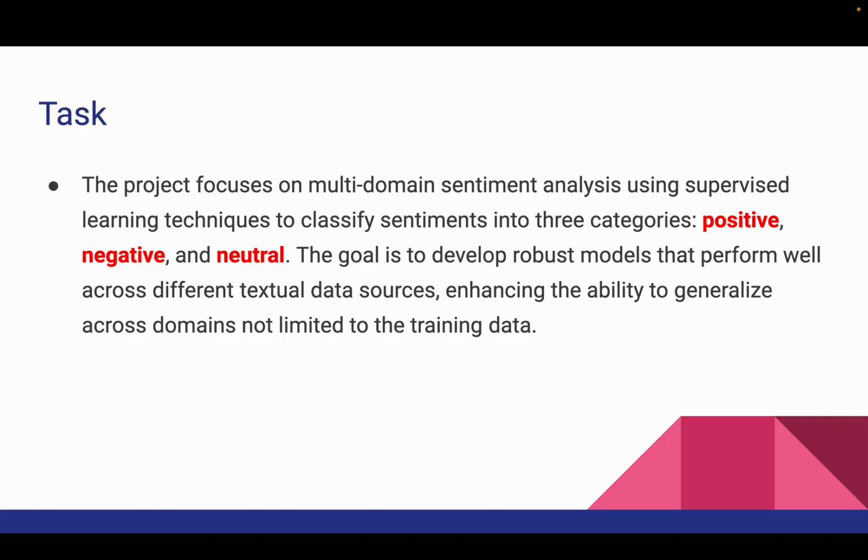The project focuses on classifying a given sentence into either positive, negative, or neutral. The task is relatively simple, but I will explain why I chose it and the method I expect to be used in my project.